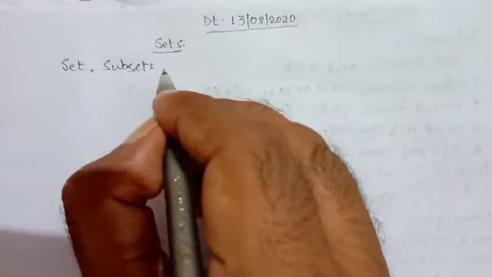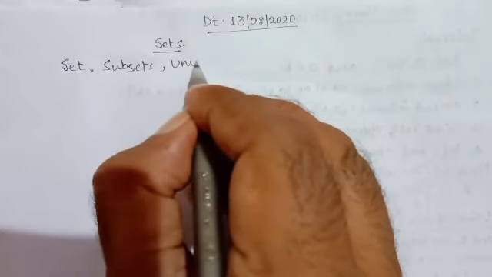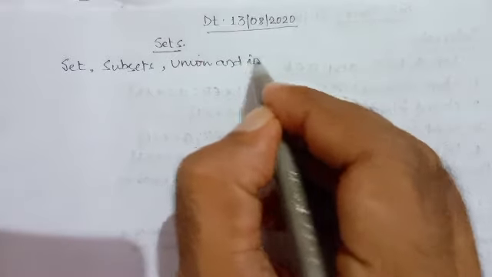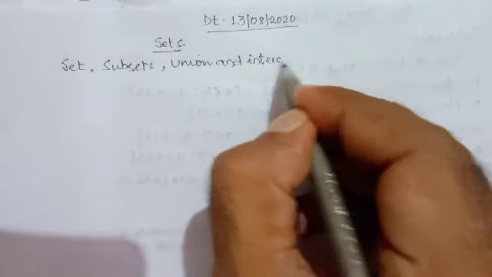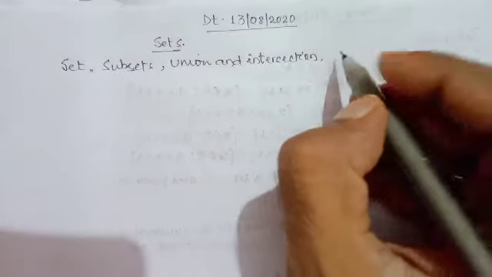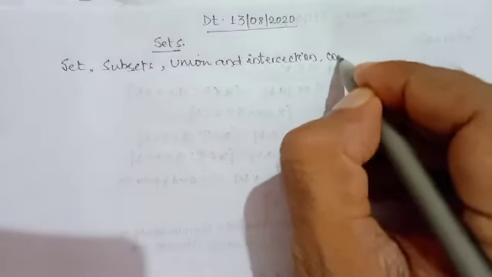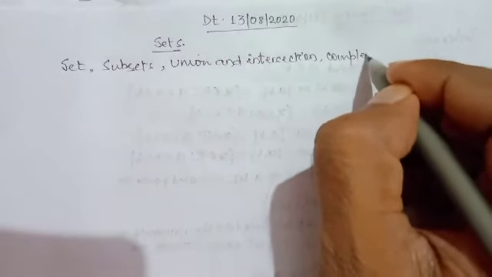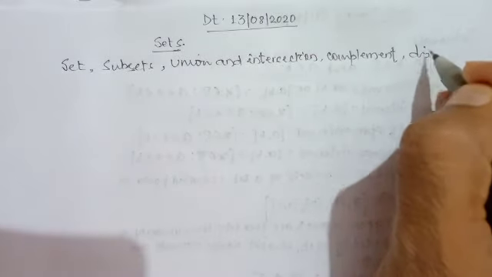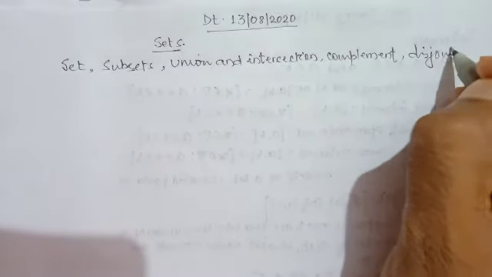Besides this, we have done union and intersection of sets, complement of a set, and disjoint sets. We have all done these.